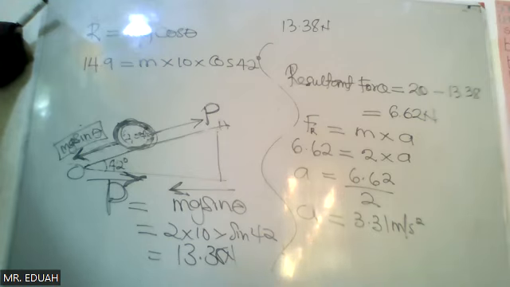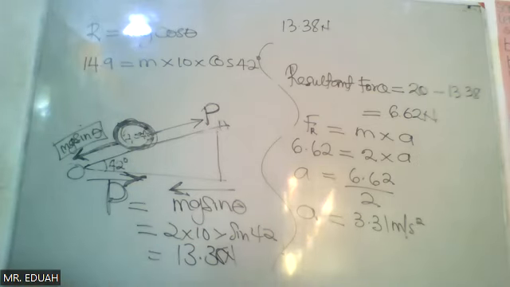Yes. Okay. So now the question is saying that if the parcel is pulled up the plane by a force of 20 Newton, which is parallel to the plane, we should find the resultant force along the plane. So the resultant force is already 13.38, so does it mean the 6.62 we got?